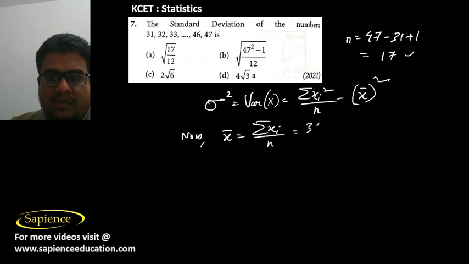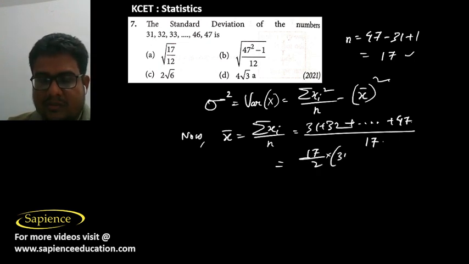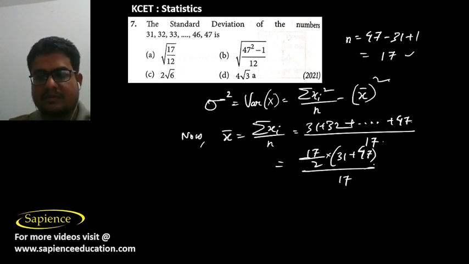Here we have to add them, 31 plus 32. So it is an AP, as we know. It is an AP where the common difference is 1, since they are consecutive whole numbers. 31 plus 32 plus up to 47 divided by 17. Here the number of observations is 17, so the sum of n terms of an AP is n by 2 into first term plus last term. 31 plus 47 divided by 17.